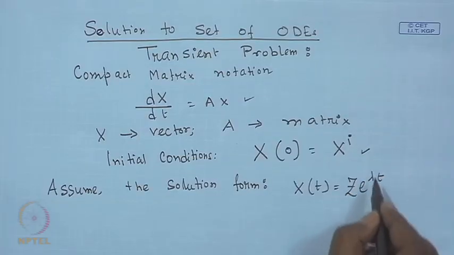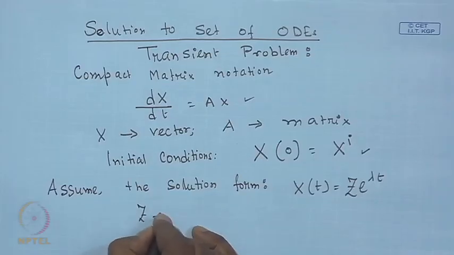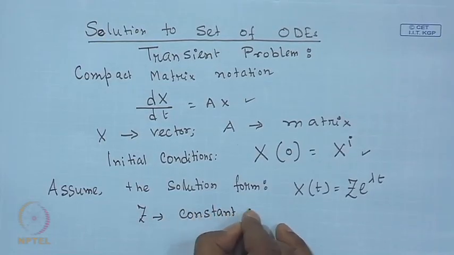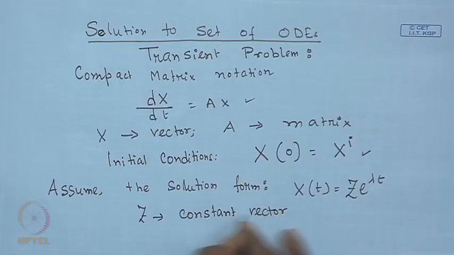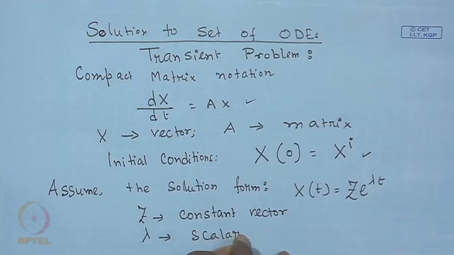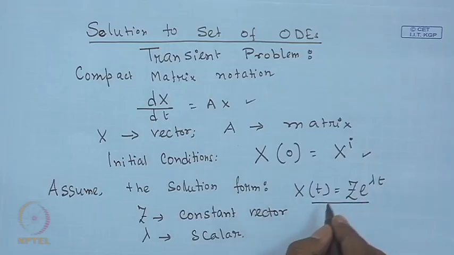Lambda is a scalar, z is a constant vector, and t is the time. So, we just assume the solution in this form.